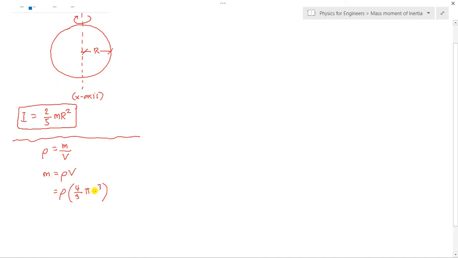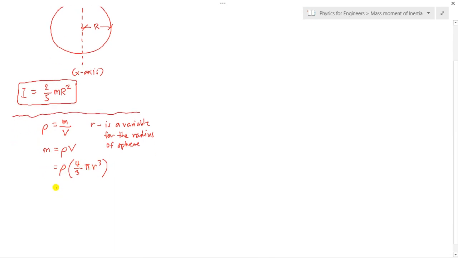So I did not use a capital letter because we are not basing it on our object, since we are still deriving. Assuming that r here is a variable for the radius of the sphere. Okay? Because if the radius gets bigger, of course the mass of our sphere gets bigger.